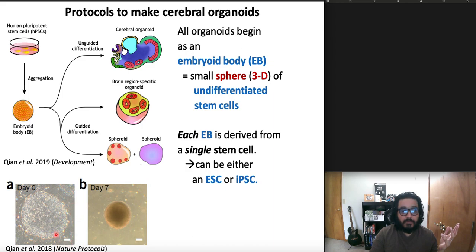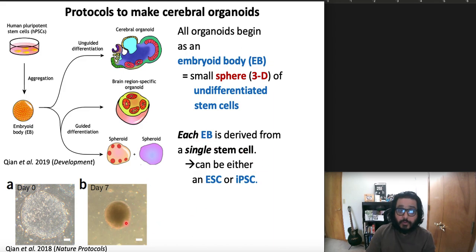They grow into these little clumps on the plate, and then they break them up so they're individual. So it's hard to tell, but each little dot here would be an individual cell. And so they take those little dots, break them up so they are completely separated from each other, and then take one of those, put it into a different dish, and have one of those become an embryoid body, which is another mass of cells. But it's in this 3D structure.